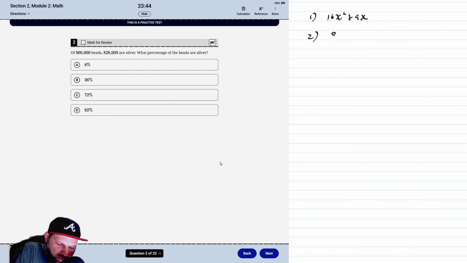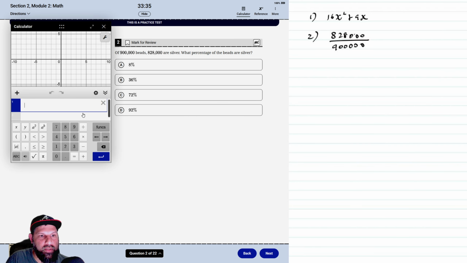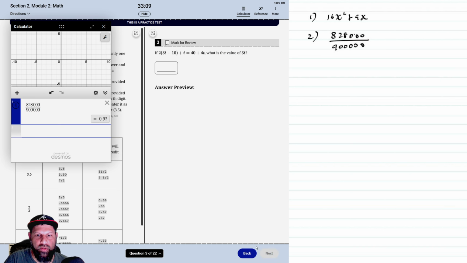That's going to be equal to 828,000 divided by 900,000. Okay, system is being a bit slow. I apologize. And that's going to be 0.92, which is going to be 92%.